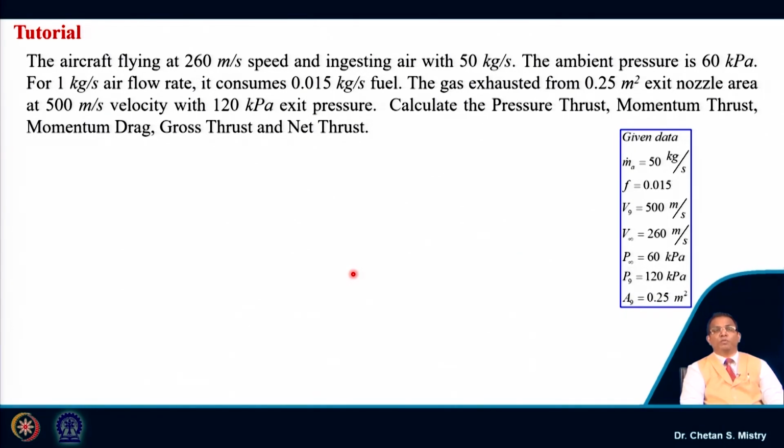This numerical will give the overall idea about how we calculate these parameters. So, here we are stopping this session, and let me compile what we have discussed today. It is in terms of variation of my thrust with change of mass flow rate.